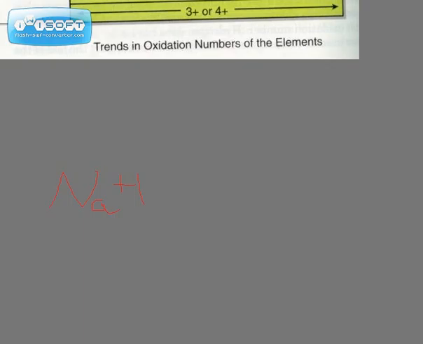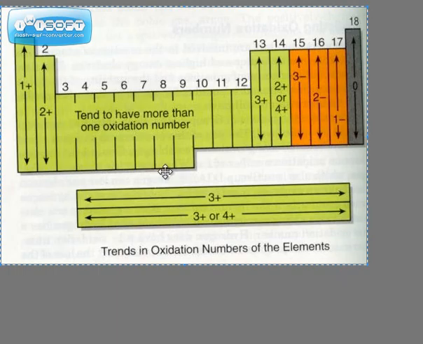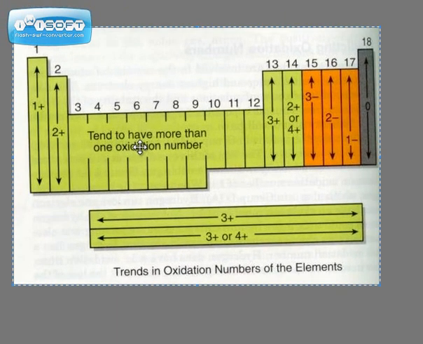Now, if we look at the periodic table again, and at yours in your book, which you should have in front of you, you'll find that chlorine is in group 17. Group 17 always has a -1 charge.